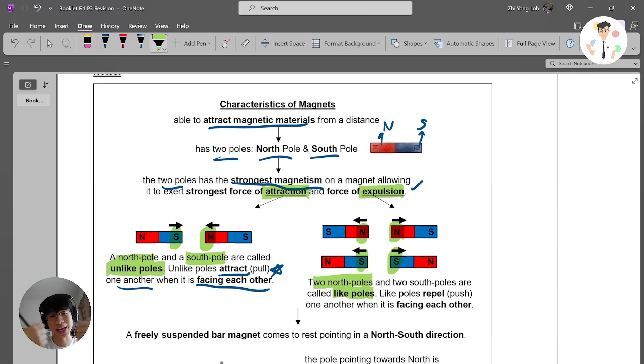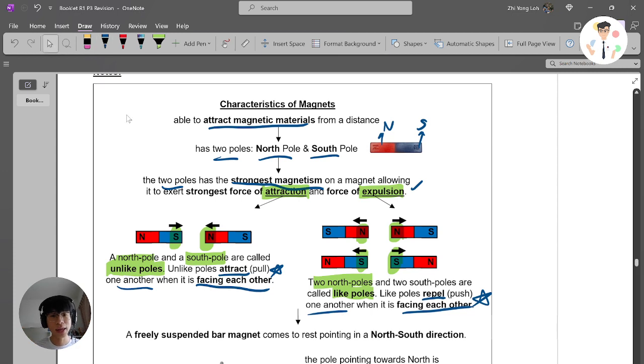It means that they will not be attracted to each other. The keyword here is repel, or push away one another, when they face each other. So it's something important to know. North and south attract each other. North and north repel. South and south repel each other.